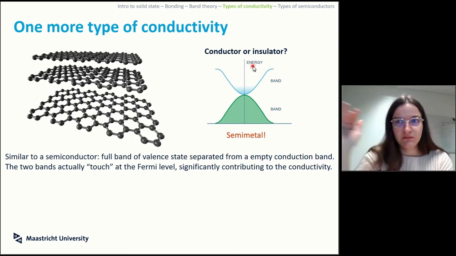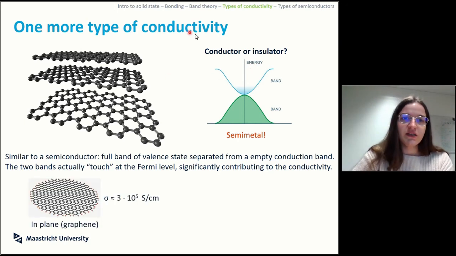The other ones do not. This is exactly what happens in graphene. In graphene, you have just one plane of graphite, and you can conduct in the plane.